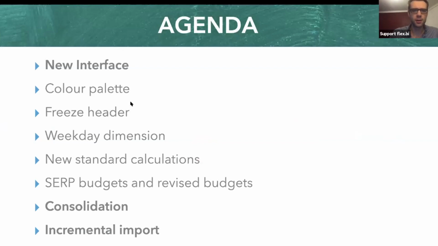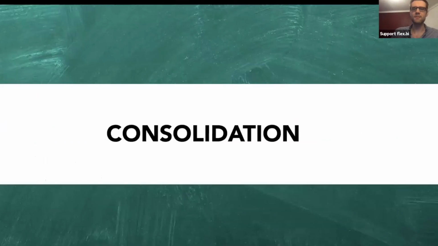So we went over the new interface, colors, and all the small things, but in this version, one of the biggest changes, probably from a long time ago, is the total consolidation. This is not just consolidation, it's like a total consolidation.